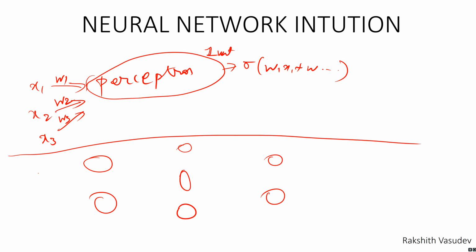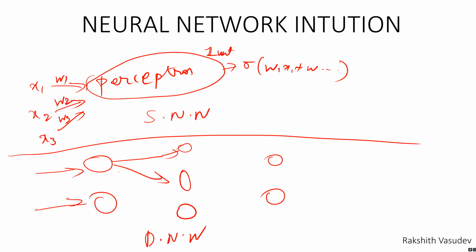Now this becomes my neural network, and this is called a shallow neural network. And this is called a deep neural network because every perceptron is connected to every other perceptron.